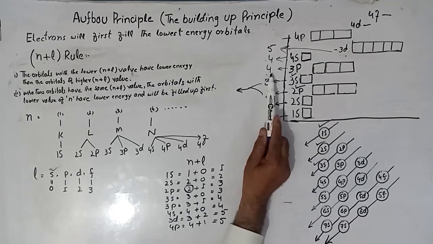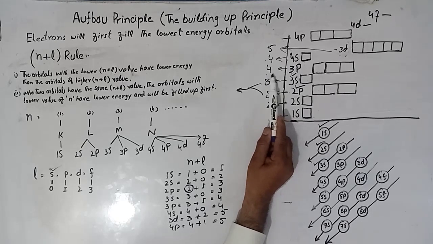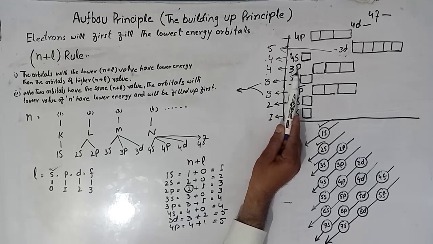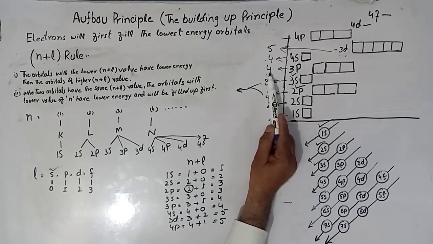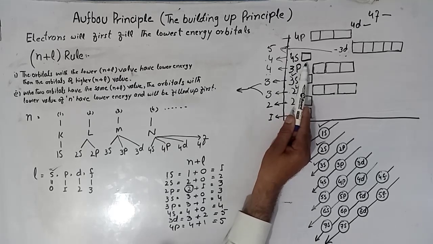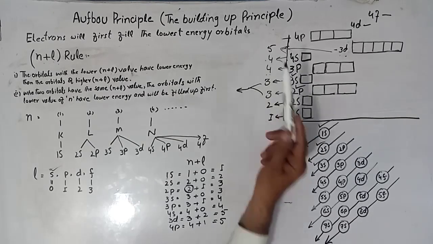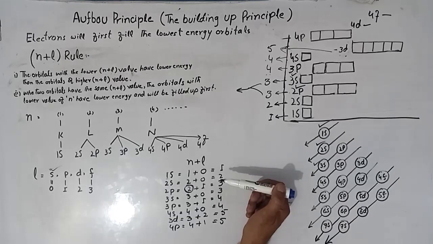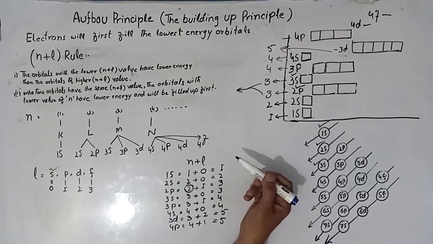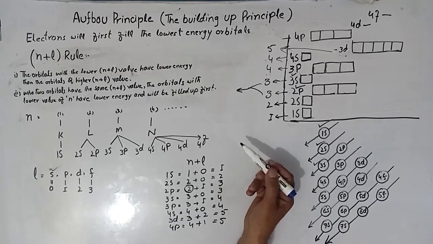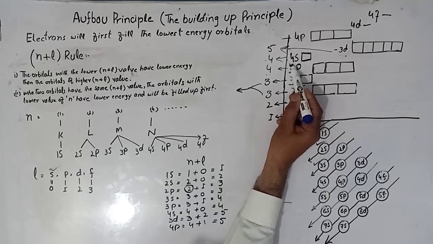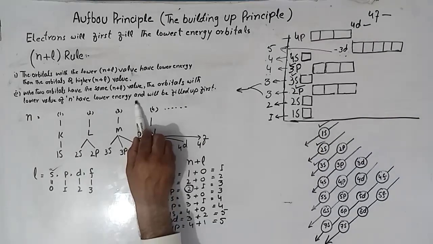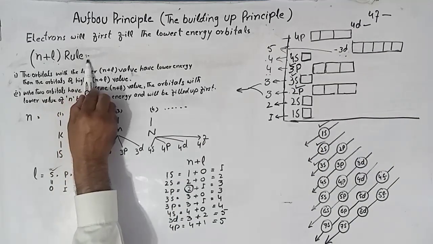Again there are two equal values, 3p orbitals have 4 and 4s orbital has 4, the same. Now which one will fill first?